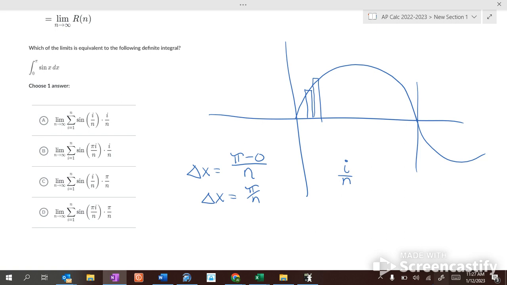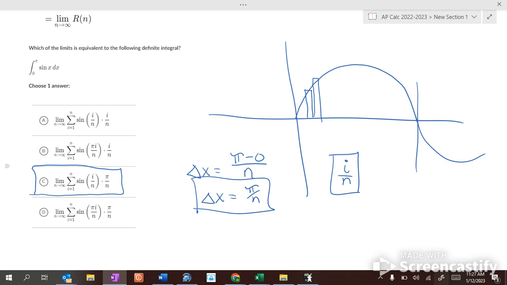The second would be 2 divided by n, because if i is 1, and then it'd be 2, and then 3, and so on and so forth. So here's your width, and i over n is your function. So it's the sine of i over n times pi over n. You wouldn't put the pi in front because that wouldn't make sense.